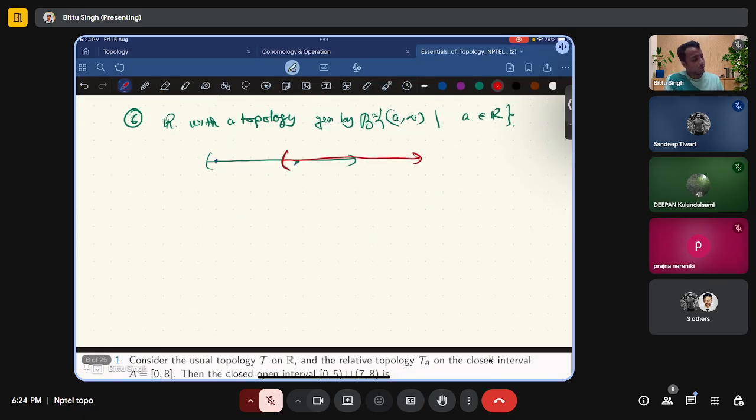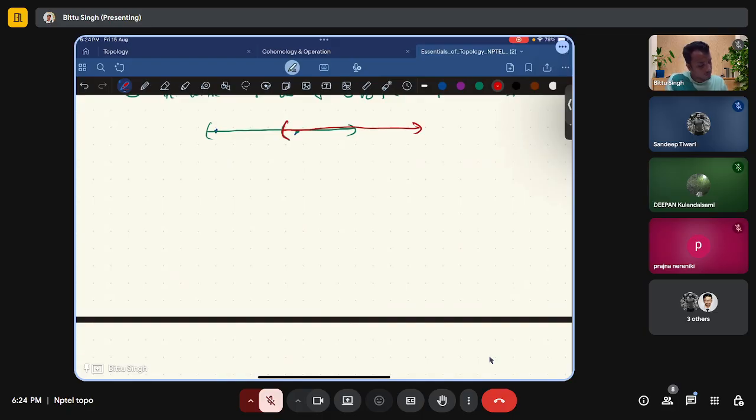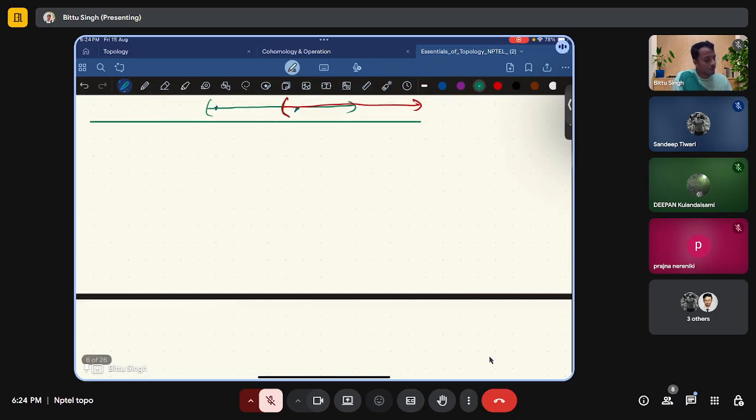Now let us see continuity. We'll study the property of continuity later, but for product topology and quotient topology, we need this property actually. That's why I am defining a continuous function, or continuous map.